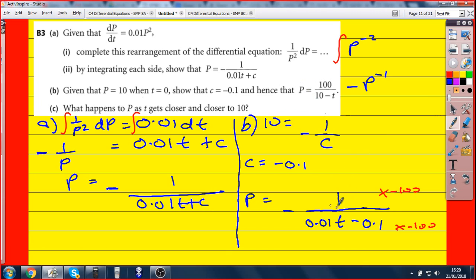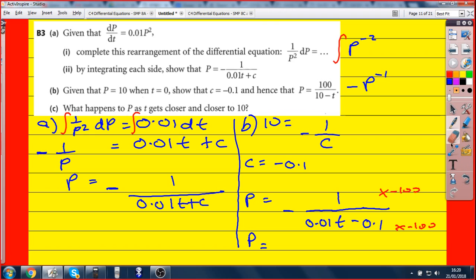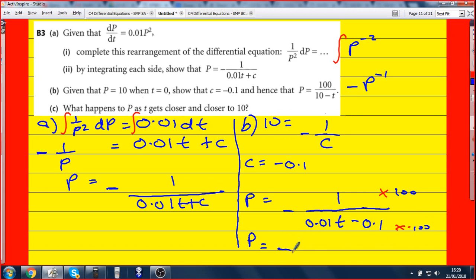They did that just to get rid of the decimals, so there was whole numbers. Or, yeah, okay, maybe 100 instead of minus 100, and then they just swap them around. Whatever. Yeah, so that's going to be minus 100 over t minus 10.